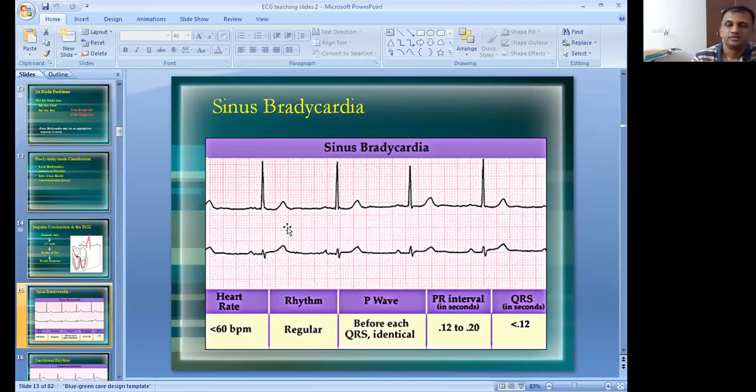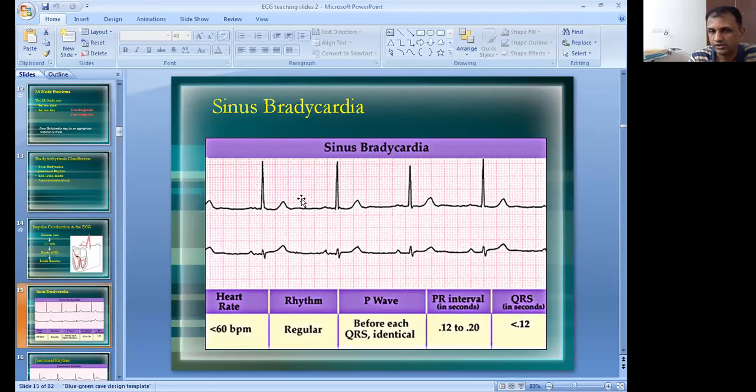If you see this ECG, I gave a brief explanation last week about how to read the heart rate on the ECG trace. If you look at this ECG carefully, the number of big boxes is 1, 2, 3, 4, 5, 6, roughly 6.